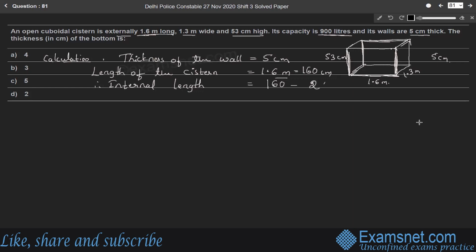So this gives the internal length of the cistern, which is 150 centimeter.